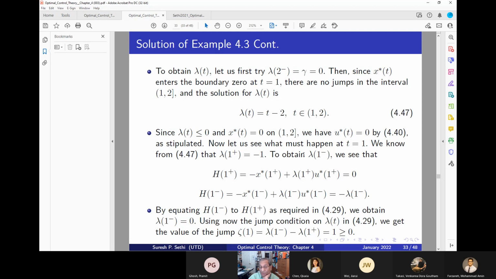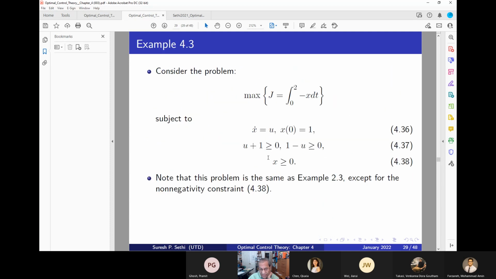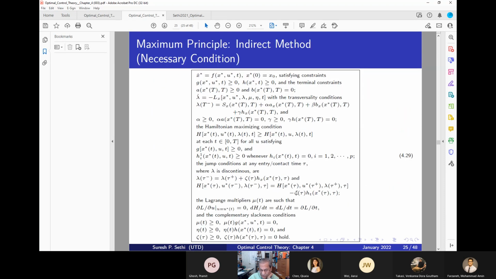Now, to obtain lambda 1 minus, that means we need a jump, so we can go to the Hamiltonian. Since h, this is h, the state constraint is not explicitly dependent on time, our box says that the Hamiltonian must be continuous, because this quantity will be 0.